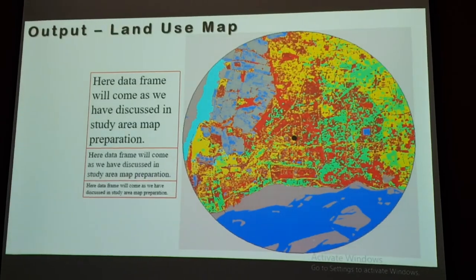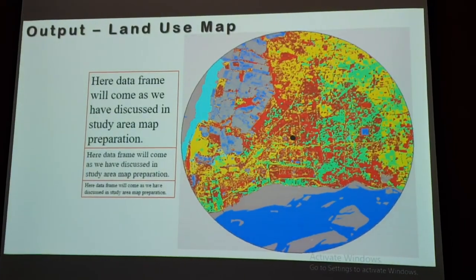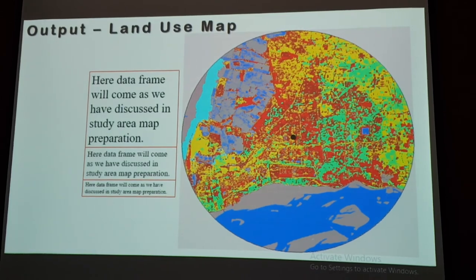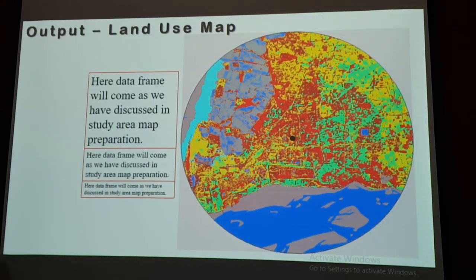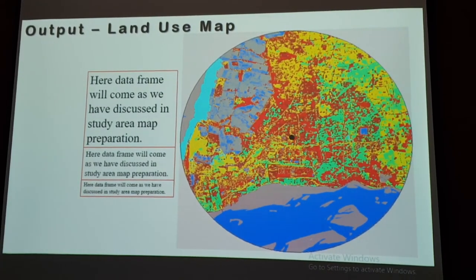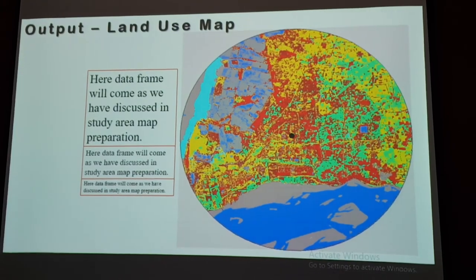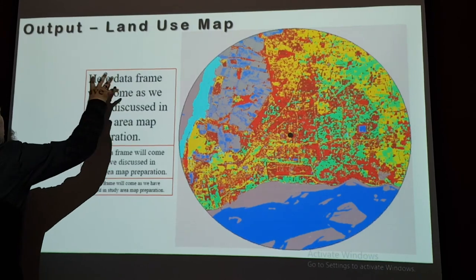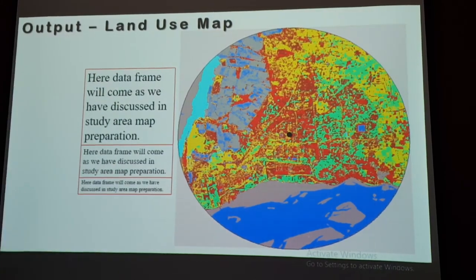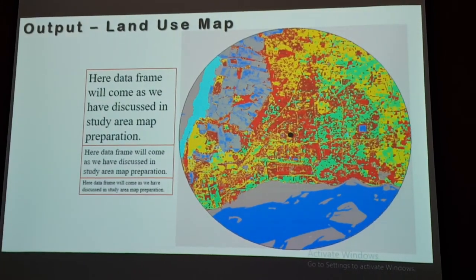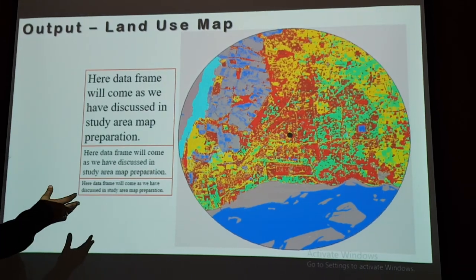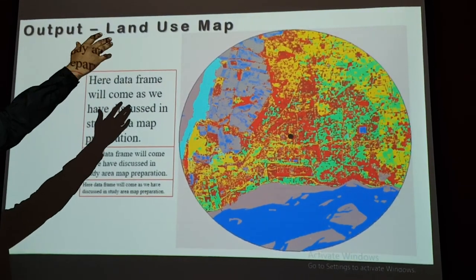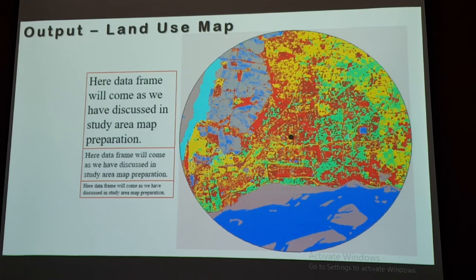And now we have already calculated area, and we have classified these numbers into the names. So the classification is there, that is known as legends. So now you have to put the data frame, as we have already told you that the data frame can be easily put here, as in the topo sheet preparation map we have already discussed.